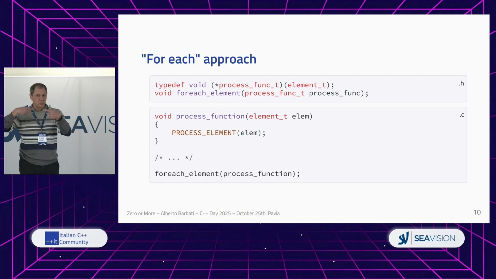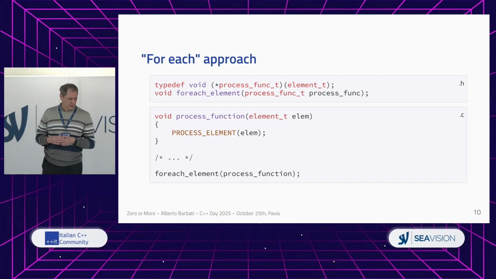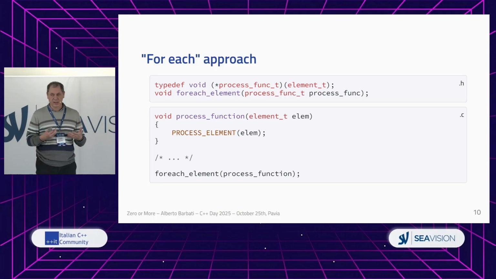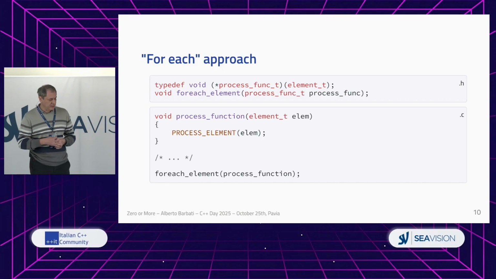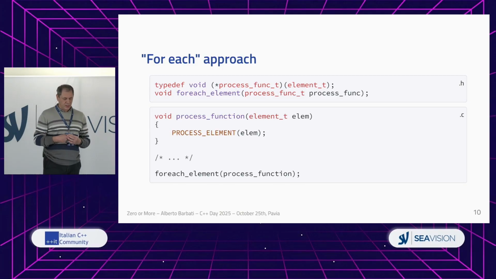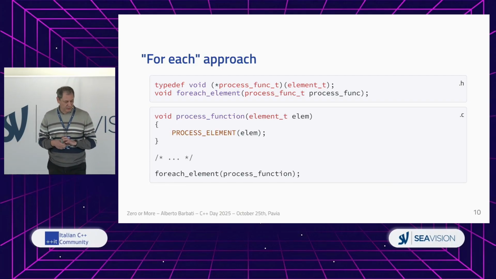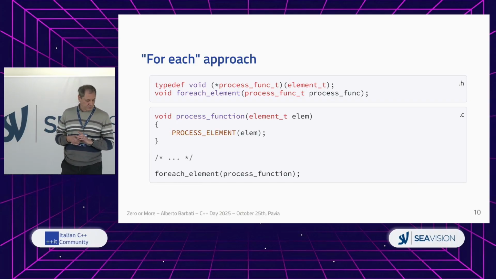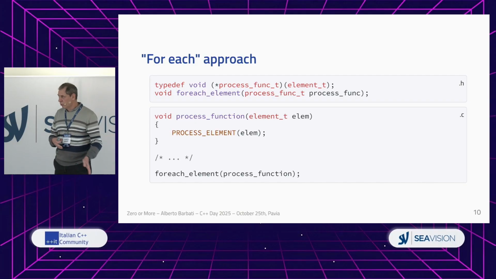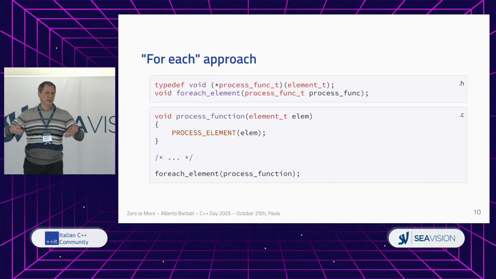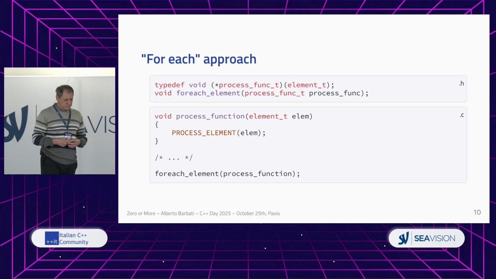So there is no loop there. You probably have some kind of recursive function or something like that. And in this way, all this complexity is hidden in the for each element function. The caller function just receives the elements one at a time when they are ready.